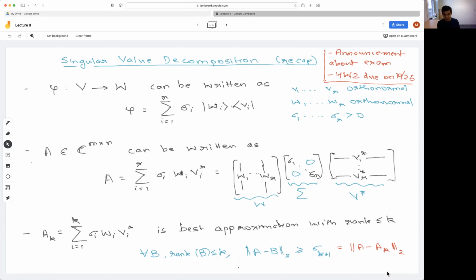And this is just the ratio of the norm of A minus B, what happens to a vector after you apply the transformation versus its norm before, and you maximize over all non-zero vectors.